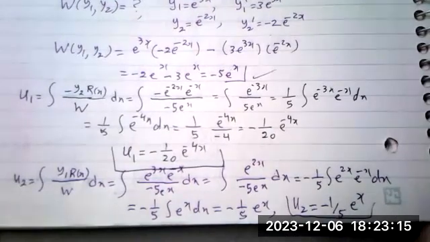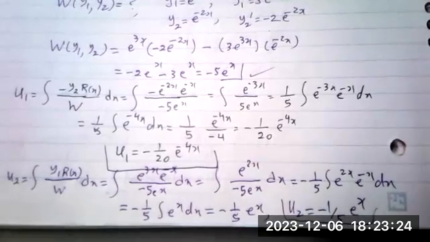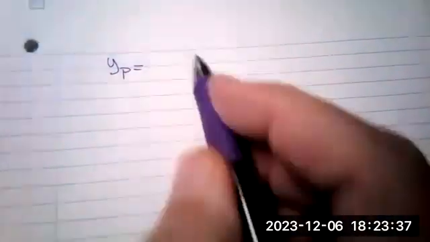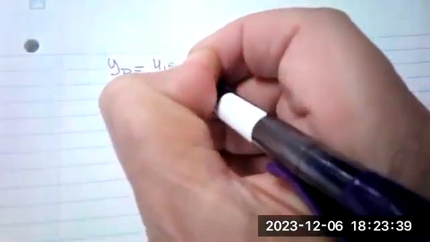Okay, any questions? Are you ready? So going back, forming the yp. It is u1 and u2. So this is it. So yp. Okay, yp is equal to, remember, u1 times y1, e to the 3x.